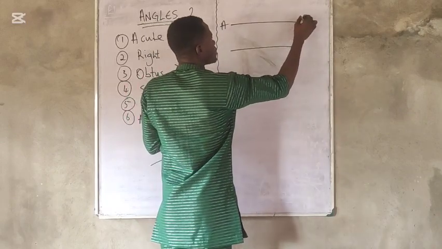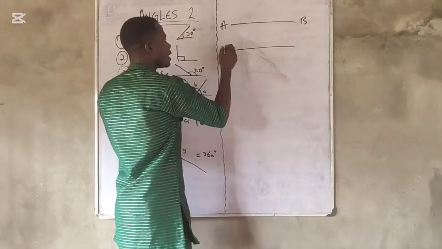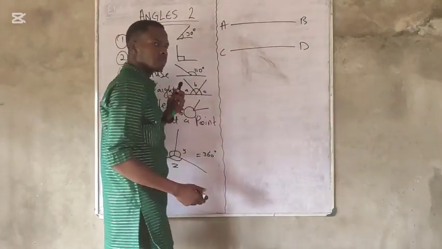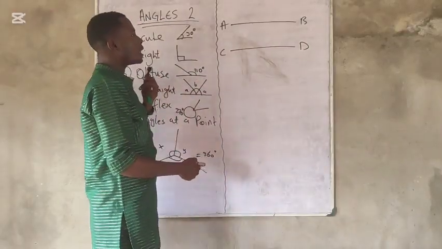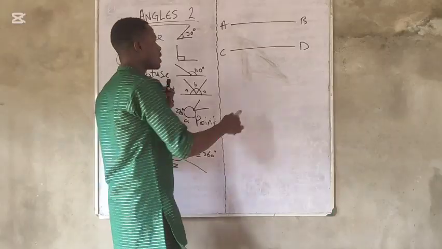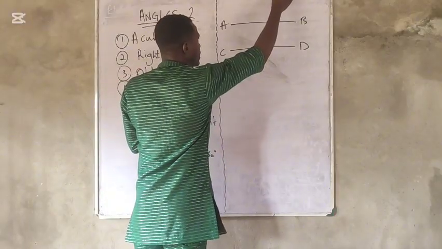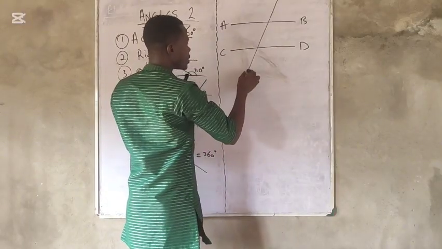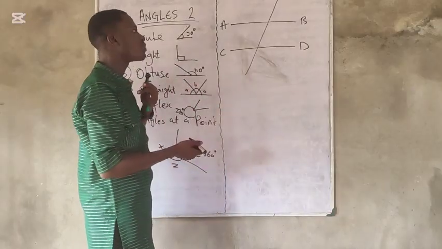Two parallel lines, say AB and CD. If AB and CD are parallel lines, please follow closely, such that there is a transversal cutting across the two of them.